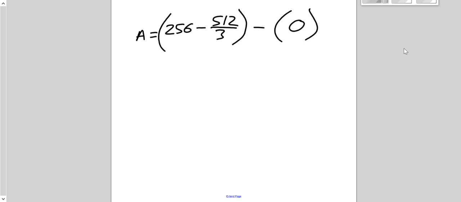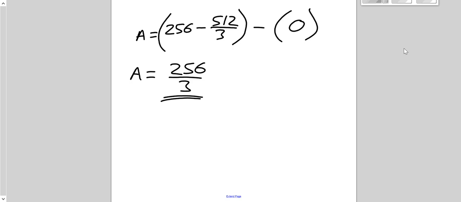Your calculator will do it, or I could convert 256 by putting it over 3, which makes it 768 over 3. 768 over 3 take away 512 over 3 is going to give me 256 over 3. Yep, it does indeed. 256 over 3.